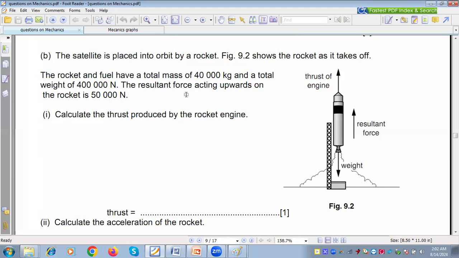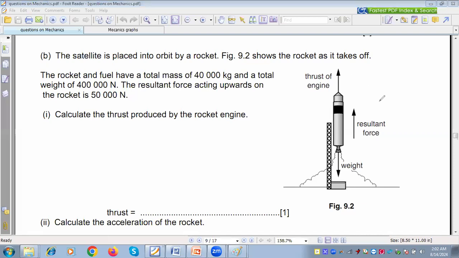The resultant force is acting in the upward direction, and that is 50,000 newtons. Weight is 400,000 newtons. So calculate the thrust. What is the force?